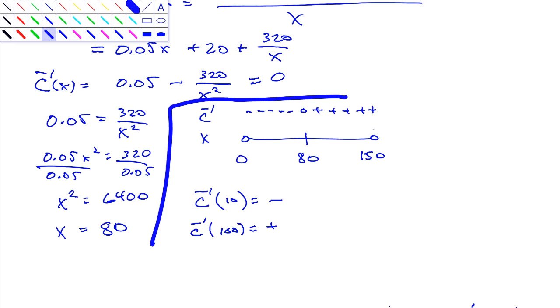And the local extreme is actually a local minimum at x equals 80. We'd have to plug this in to figure out the value.